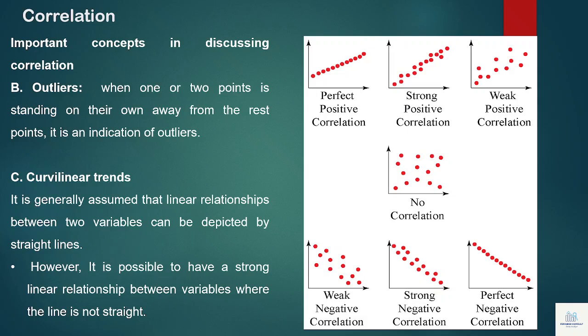So now another concept or term we need to talk about is a curved linear trend. It may not always just be a straight line. There could be a trend where the line will be curved, but then there's a relationship. So it's not always a straight line all the time. So that's just a point to note.